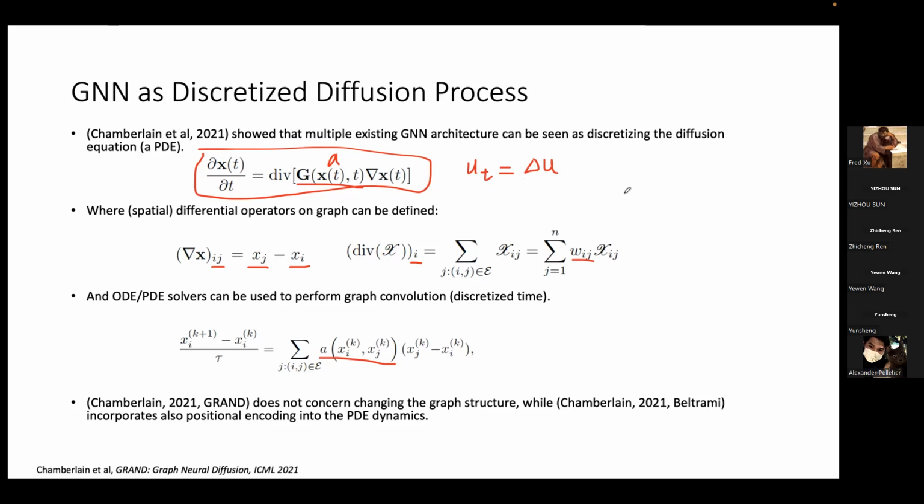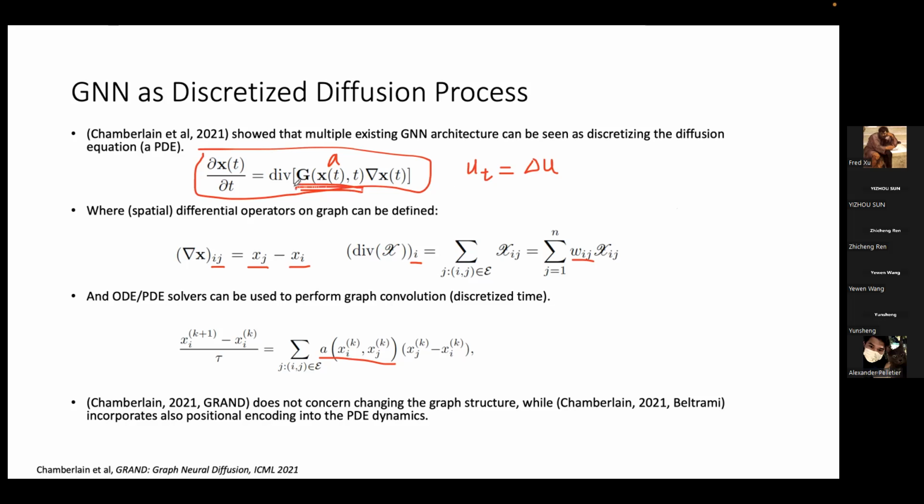In that context, we don't really have the graph there, right? But I think that might help us understand the diffusion process in the standard physical system, and then we can move to the graph setting. Because that G, when you say G(x,t), I don't really understand what that means.